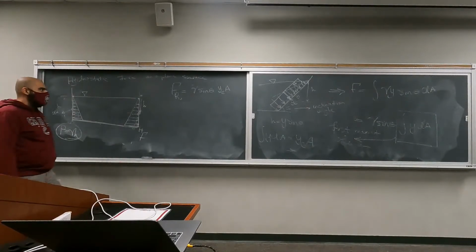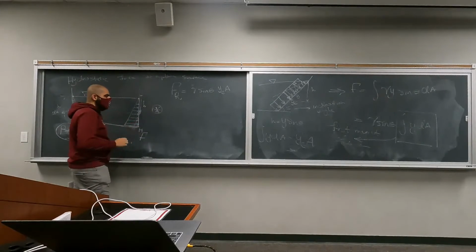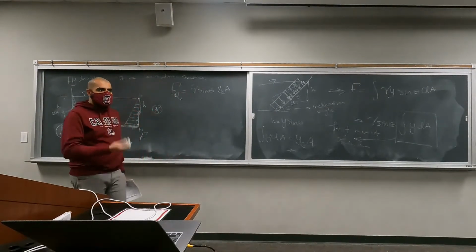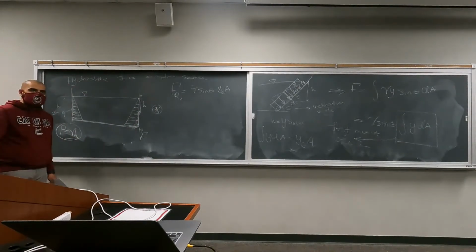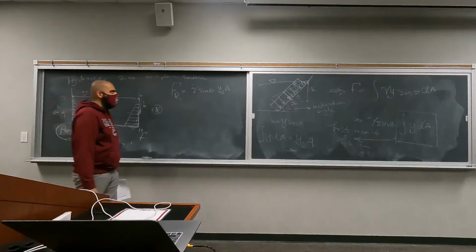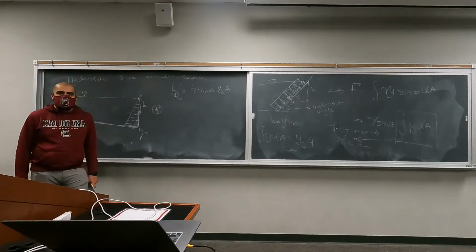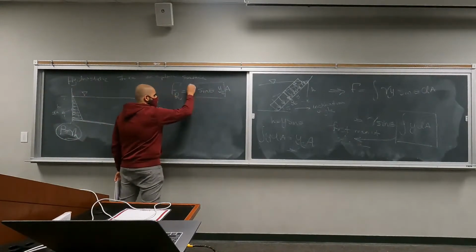Okay. So we already know that to make everything a little easier, we find the centroid, we find the pressure that is being applied on that centroid, and then you multiply that by your area. This is the pressure.